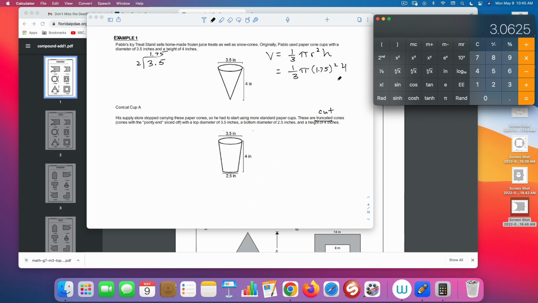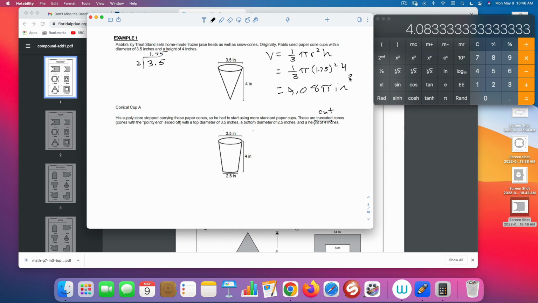Let's multiply that by 4 and divide it by 3. You could multiply by 1/3, but whenever I have a fraction, I think it's easier to divide. So this equals 4.08. Let's round to the nearest hundredth. Pi inches cubed.